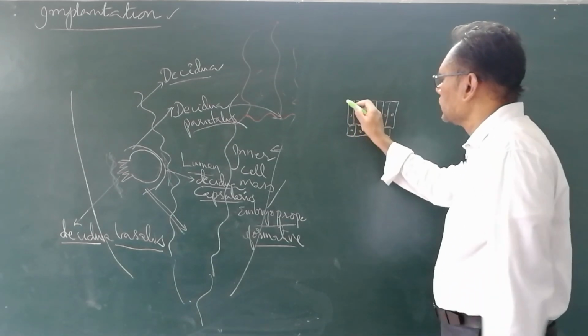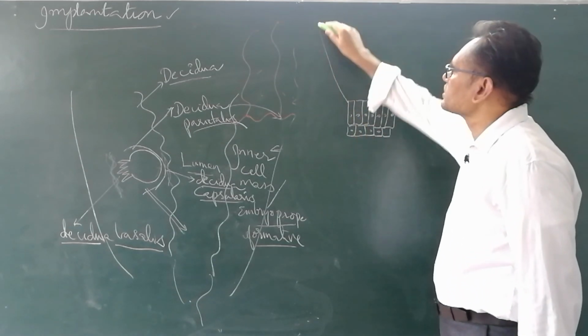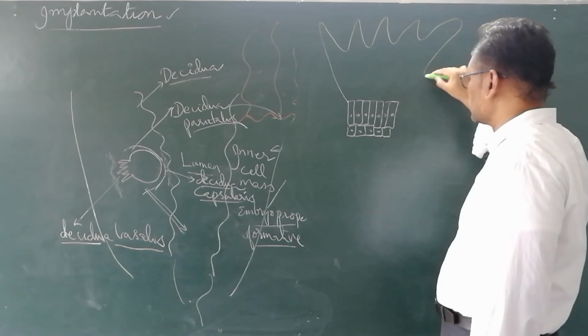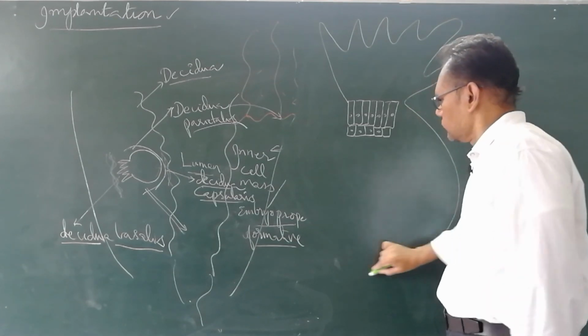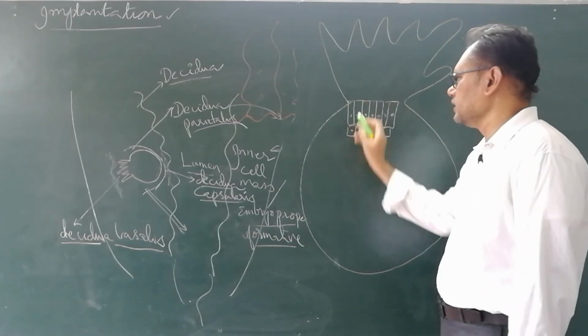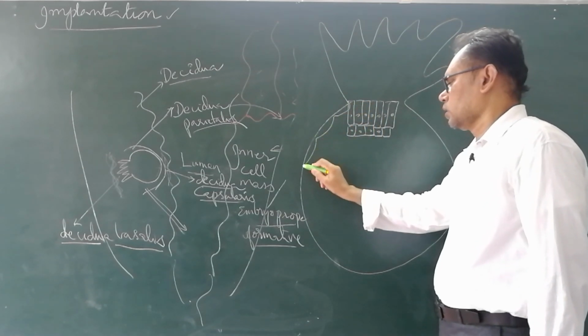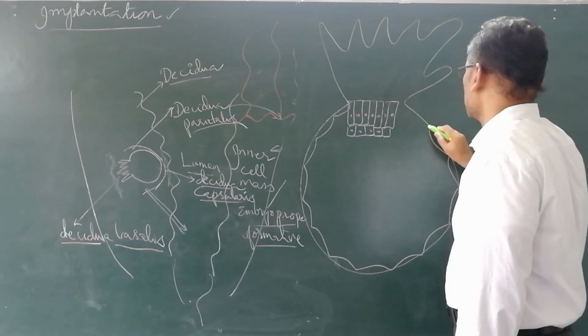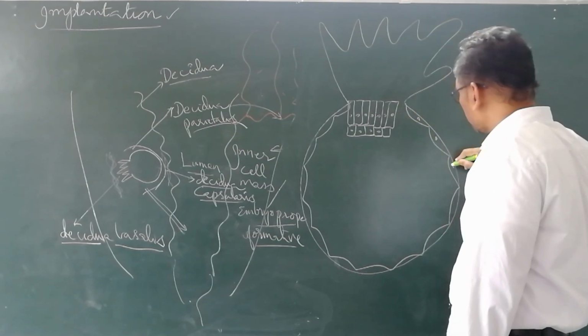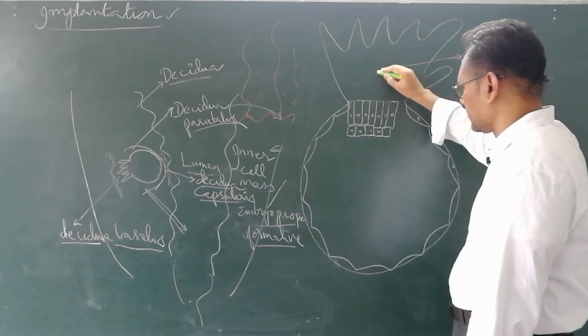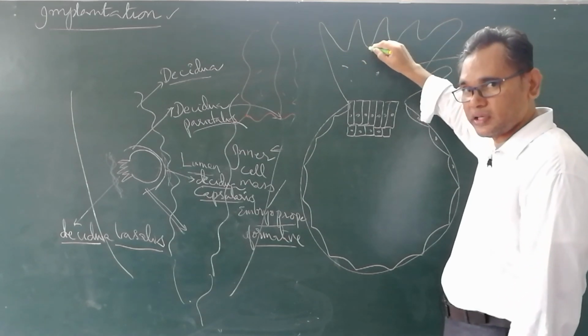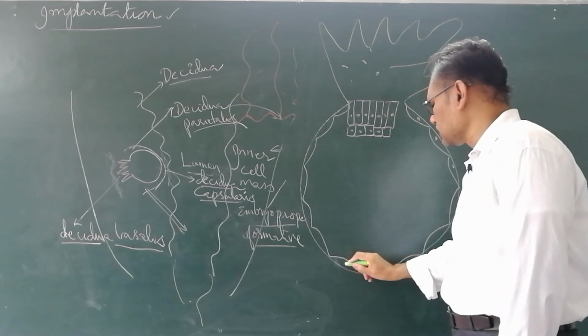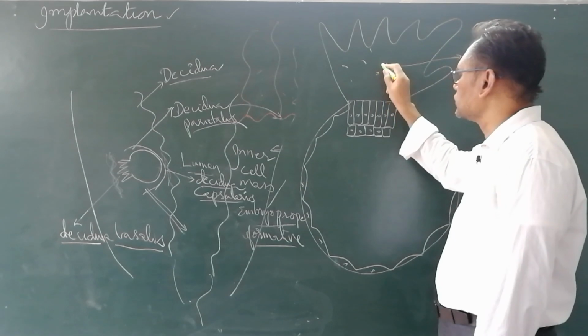Now there is this structure here, the syncytial trophoblast. And this structure is the cytotrophoblast. This is cytotrophoblast. This is syncytiotrophoblast, which is connected to the uterine endometrium.